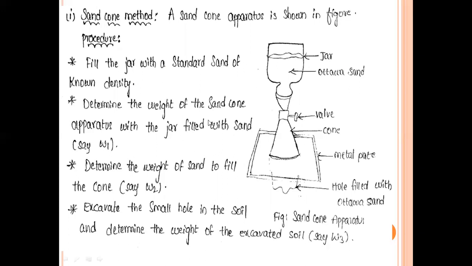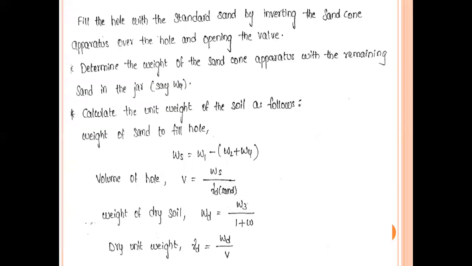Here jar plus sand weight is W1 and only the cone sand weight is W2. Excavate a small hole in the soil and determine the weight of the excavated soil, W3. Fill the hole with standard sand by inverting the sand cone apparatus over the hole and opening the valve. Determine the weight of the sand cone apparatus with the remaining sand in the jar, say W4.